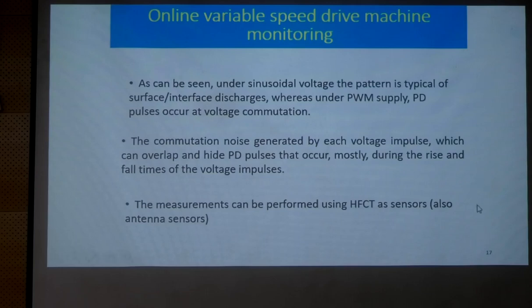We can use detection techniques like high frequency current transformers, even antenna type techniques. Also acoustic type sensors we can use for the detections.